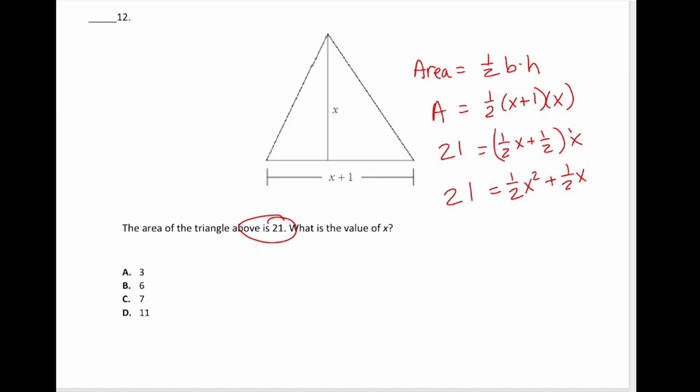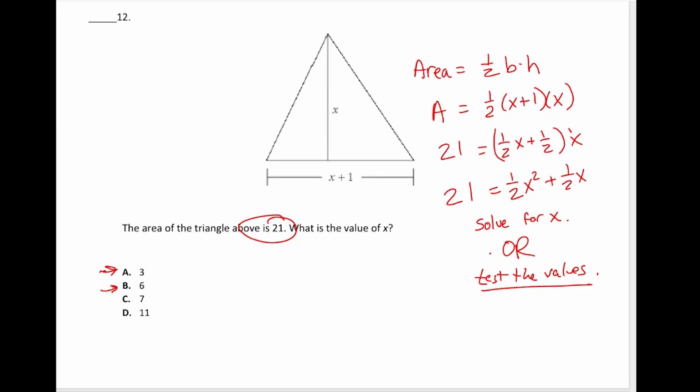I would actually suggest against trying to solve this for x using factoring or the quadratic formula or anything. You could definitely do that, but I think it'll be much easier if you just test these values in the answer choices to see which one gives you an area of 21. So, just test the values.